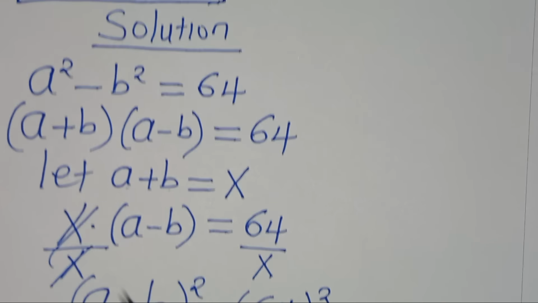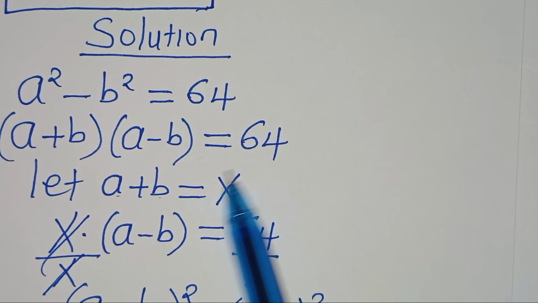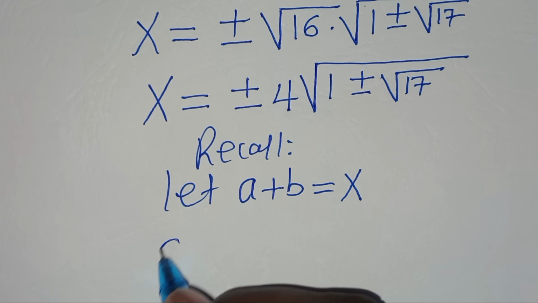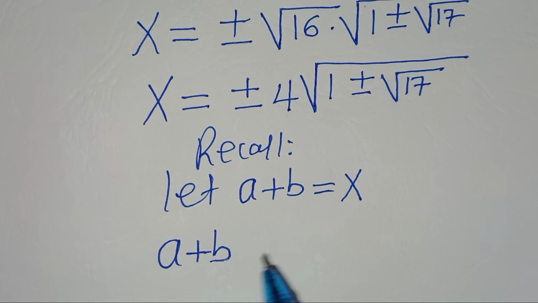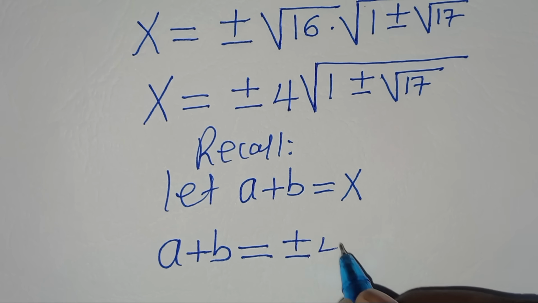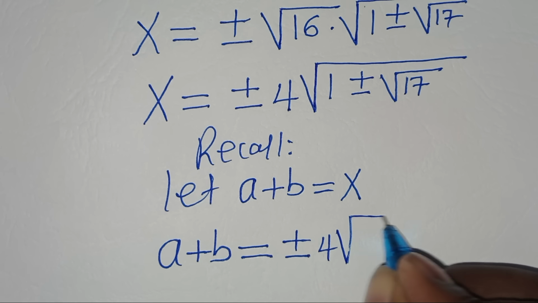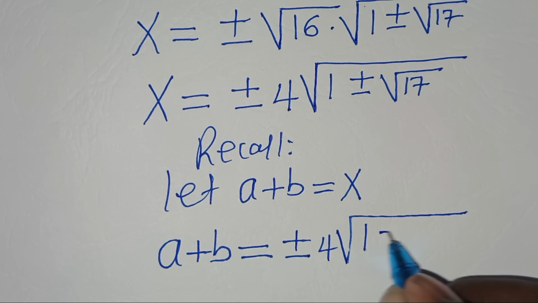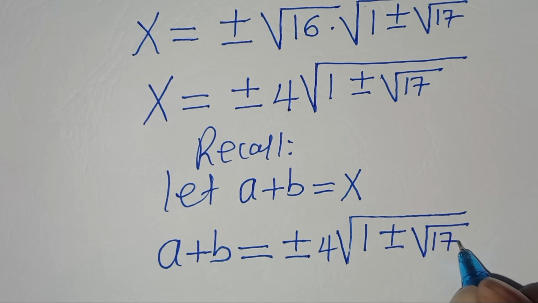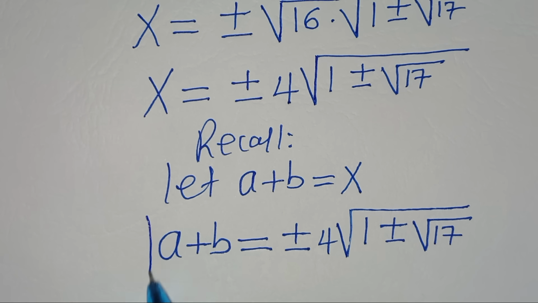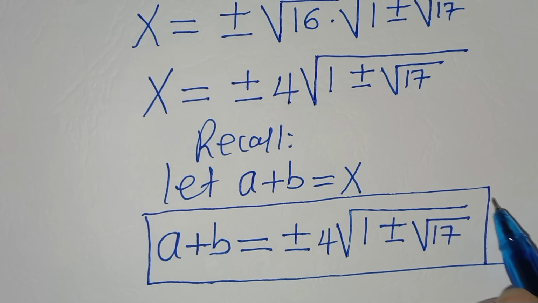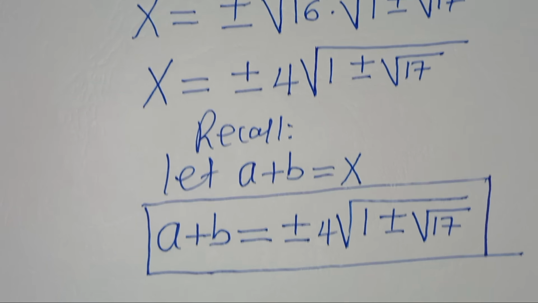So this implies that a plus b is equal to plus or minus 4 square root of 1 plus or minus square root of 17. So this is the solution to this algebra problem.